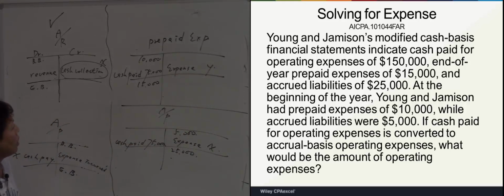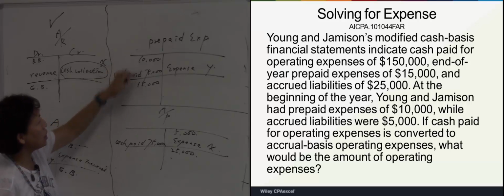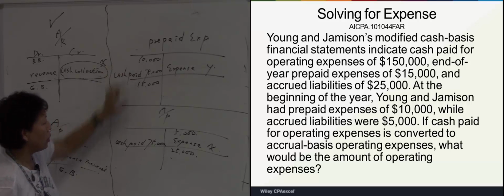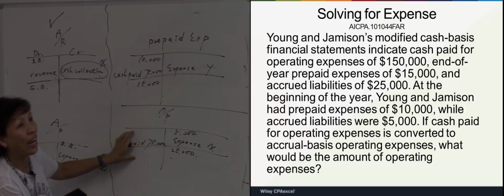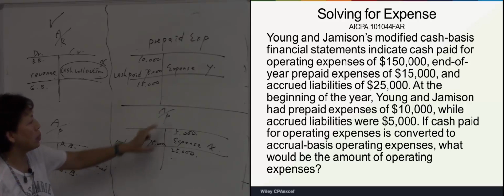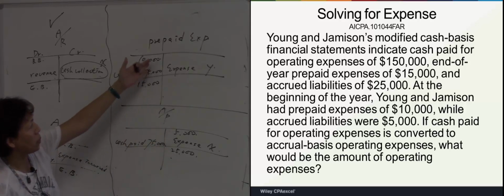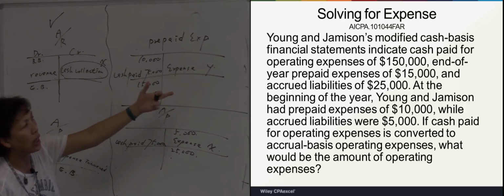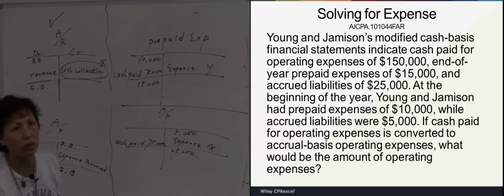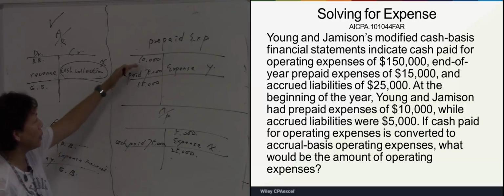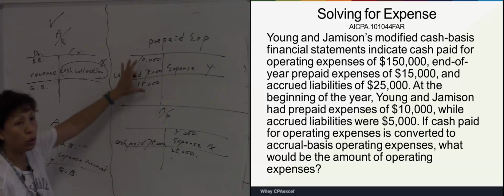So you are given beginning, ending, and cash pay. As I said, the question doesn't provide detail about how much cash was paid for accounts payable and how much for prepaid expense. It only says the total cash pay for operating expense is 150,000. So do we have to separate 150,000 into two amounts?